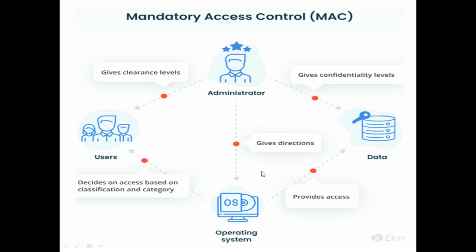Based on the directions of the administrator, the operating system will decide on access based on classification and category. Means which type of user, what is the classification of the user, which category, which access is required, everything will be decided by the operating system from the input of the administrator.